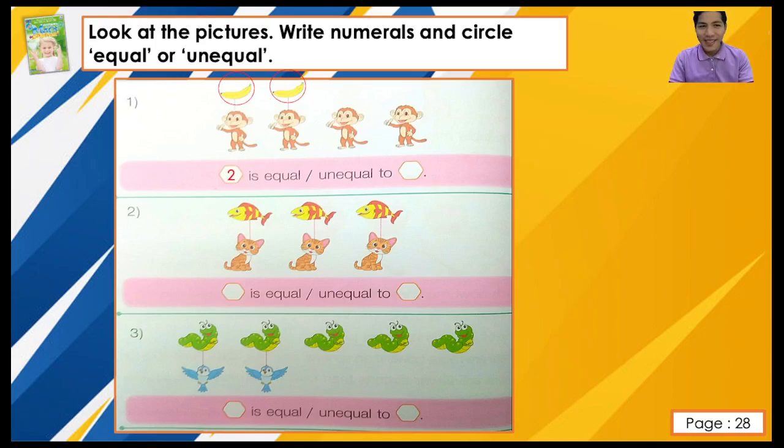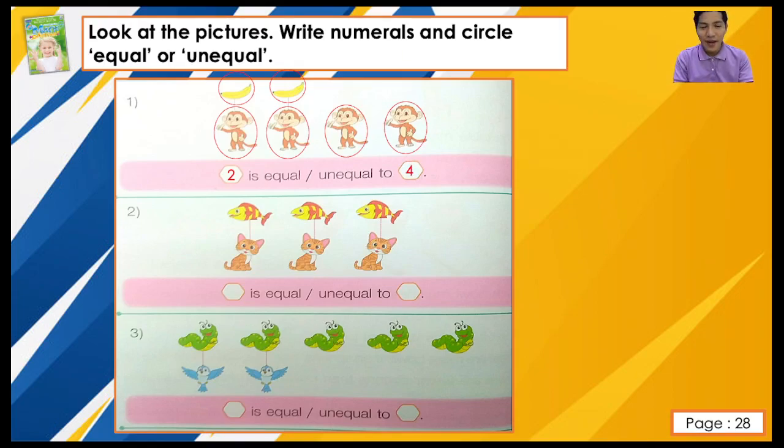Next, let's count the monkeys. 1, 2, 3, 4. There are 4 monkeys. You will write number 4 in numerals in the second box.